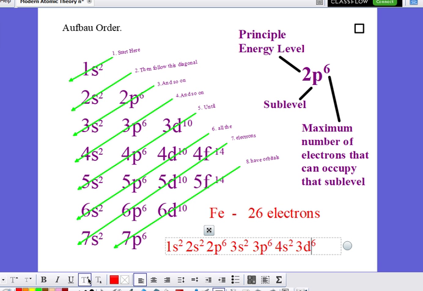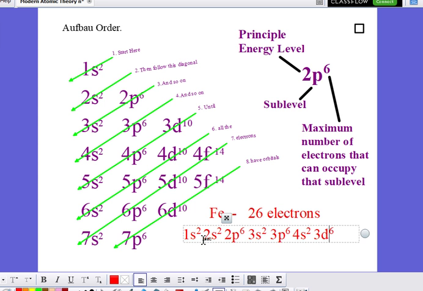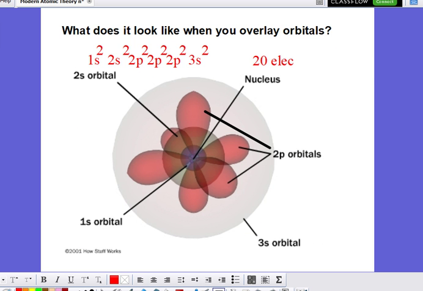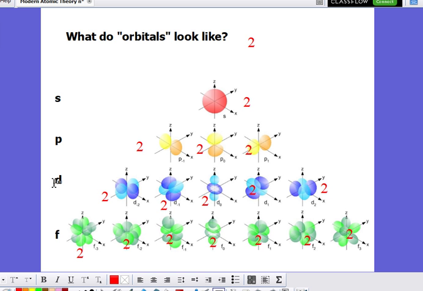3d6 adds up to 26, and what we're saying is that not all of the spaces are being used in iron, which is what gives iron some of its properties. By space available, I'm going to flip back here a couple pages. Remember this? We said out of the d's, there's 2, 2, 2, 2, 2. All of these can hold 2 electrons.